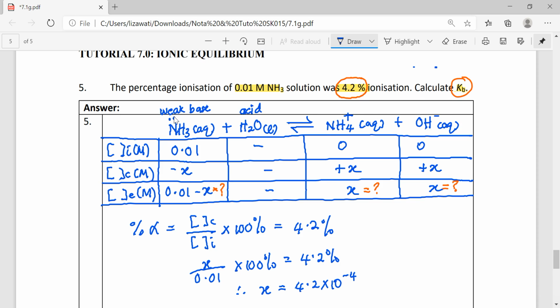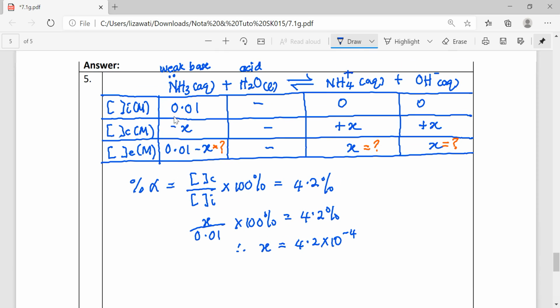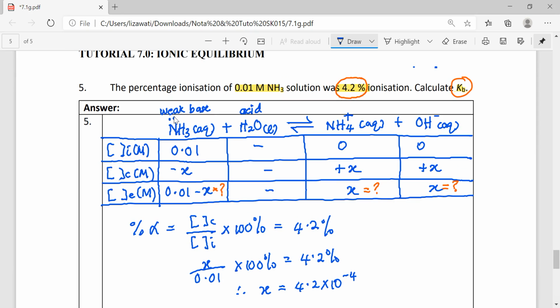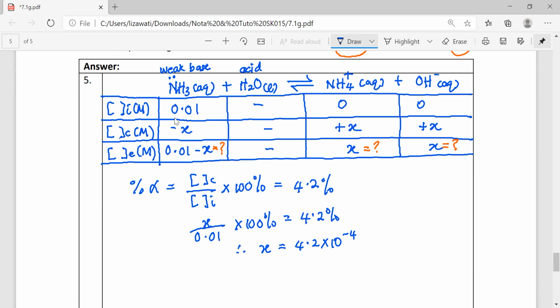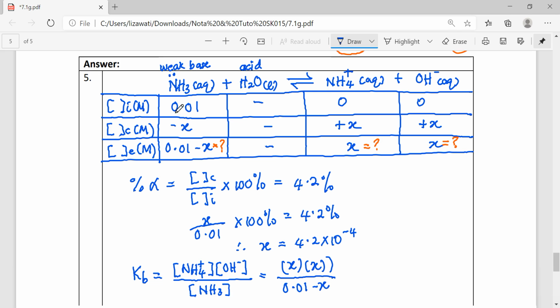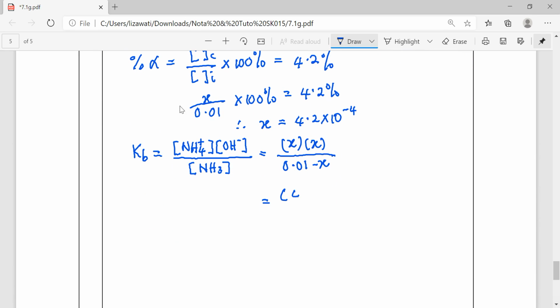Now we can find the value of Kb by substituting the value of x. So write the Kb expression. So Kb, and then substitute the x values. So we will get here the value of Kb.